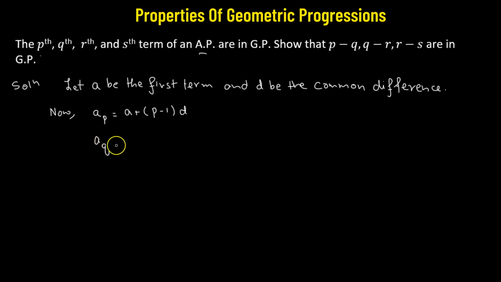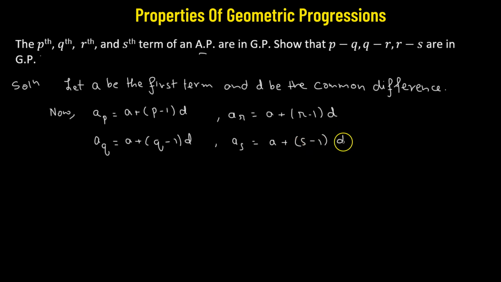The Qth term will be equal to A plus Q minus 1 times the common difference D. Then we have the Rth term, AR, equal to A plus R minus 1 times the common difference D. And we have the Sth term, so that's A plus S minus 1 times the common difference D.